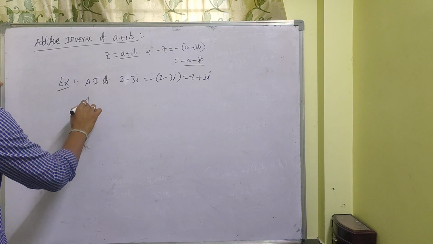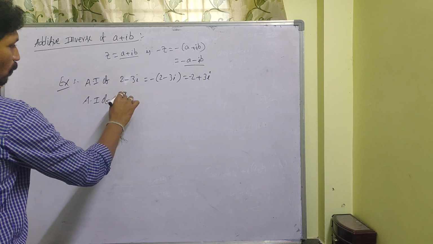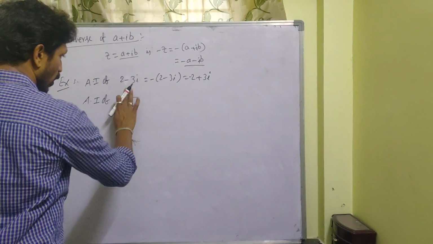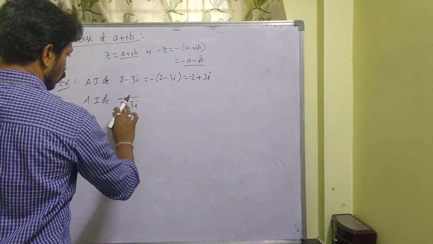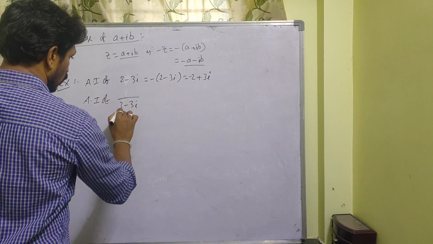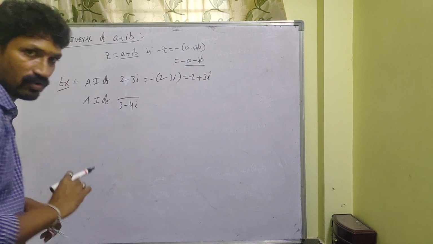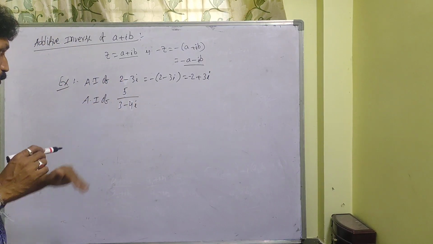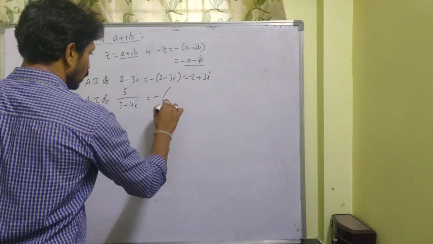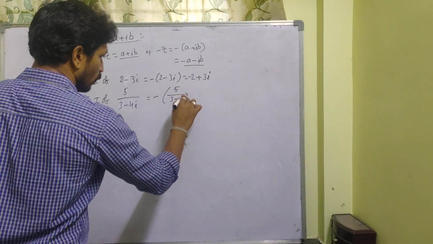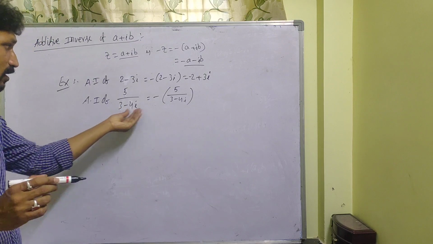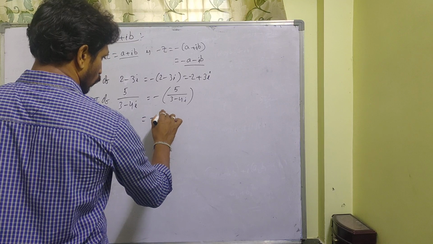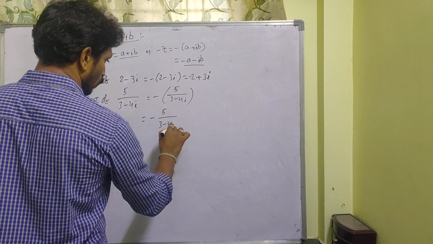In case I ask you the additive inverse of 5 by (3 minus 4i), you can take any numbers. What we have to do, additive inverse means minus of 5 by (3 minus 4i). Very clear, so if it is z, then minus z. So this is equal to minus 5 by (3 minus 4i).